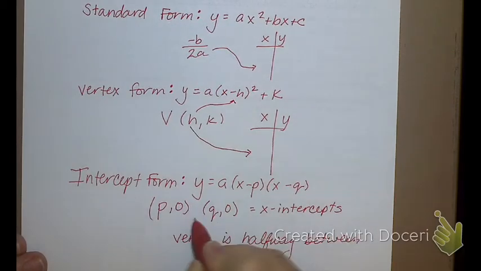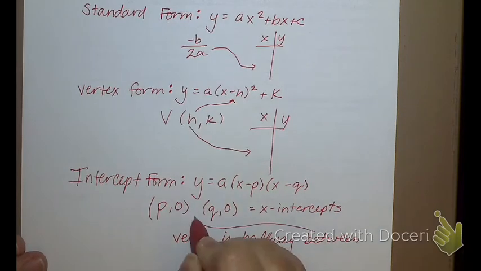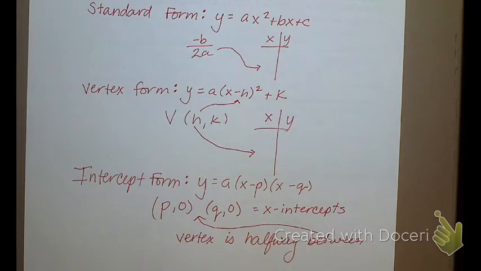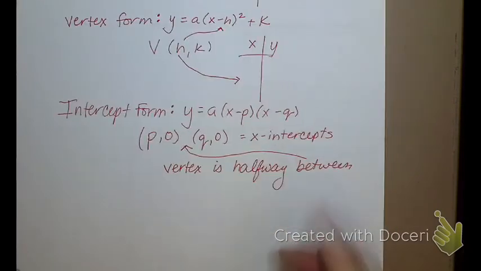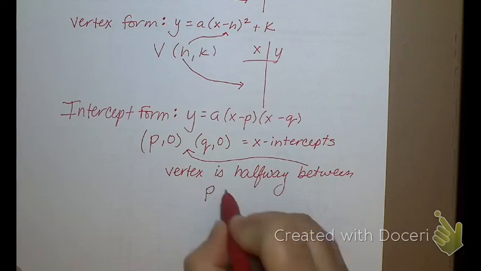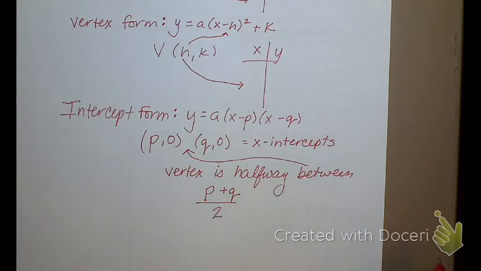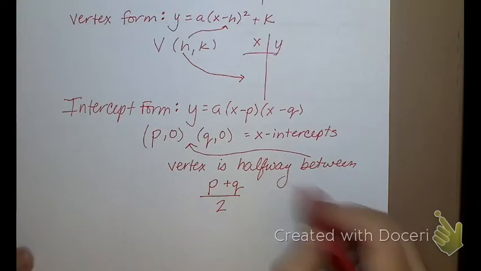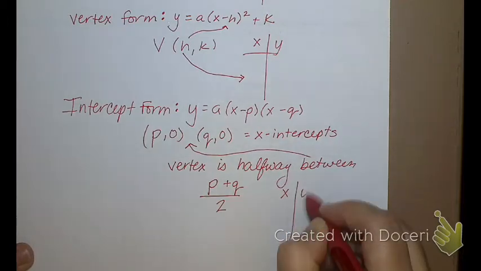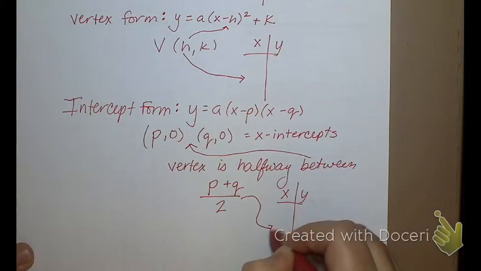Remember that? So to get your vertex, you find whatever's halfway between p and q. Another way you can find that is you can take p, add it to q, and divide by 2. p plus q divided by 2. Hey, it rhymes. And then that is what goes in the middle of your XY chart.